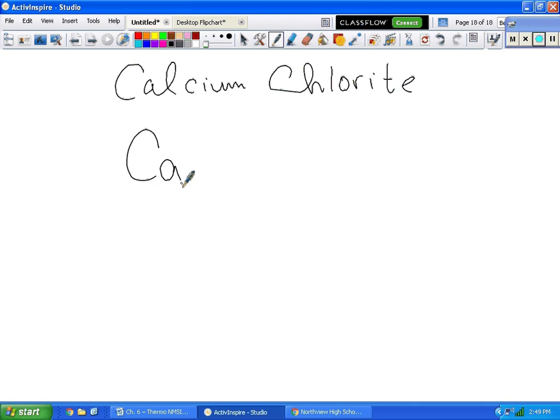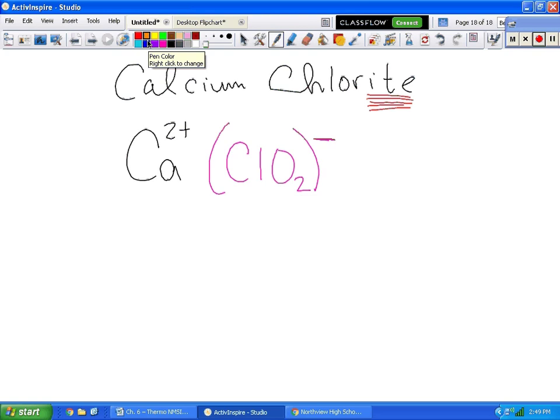And here's where you've got to recognize chlorite. That tells you it's a polyatomic. And how do we protect polyatomics? Parentheses. ClO2, close it, and then 1 negative. Okay? So when I crisscross my 2, and I crisscross my 1, I should get Ca.